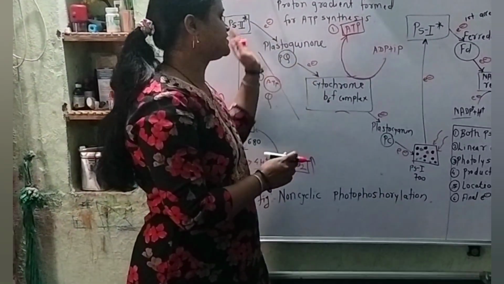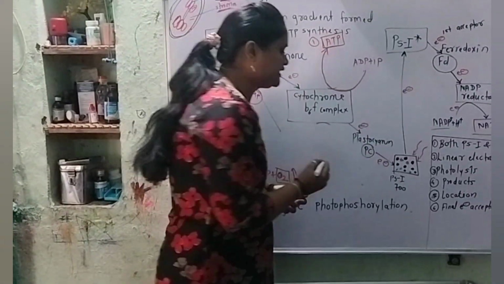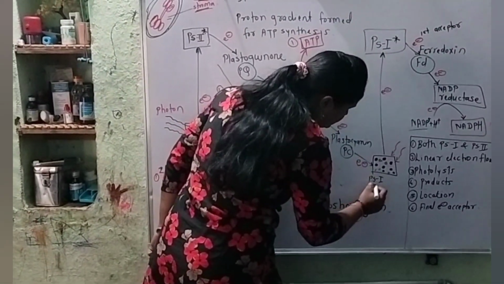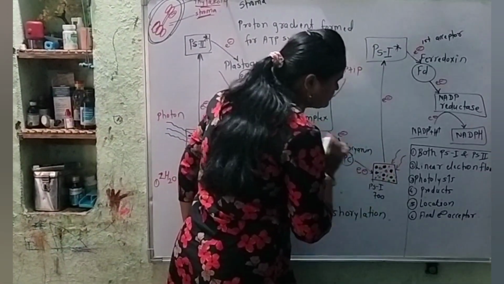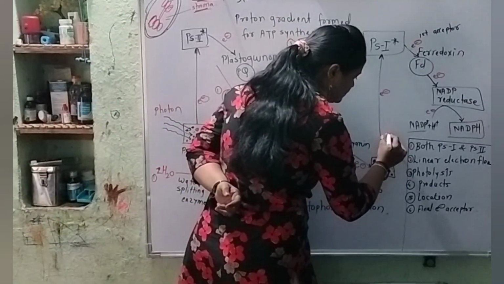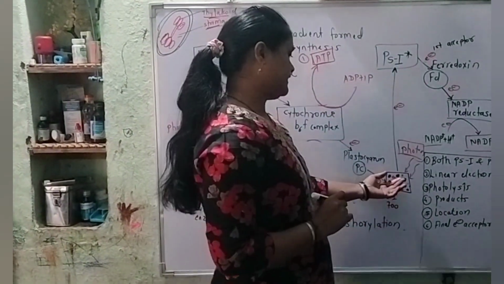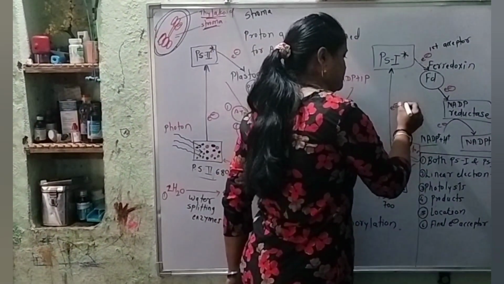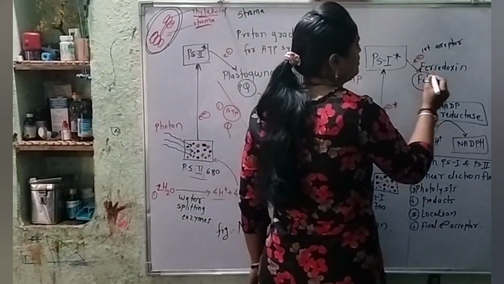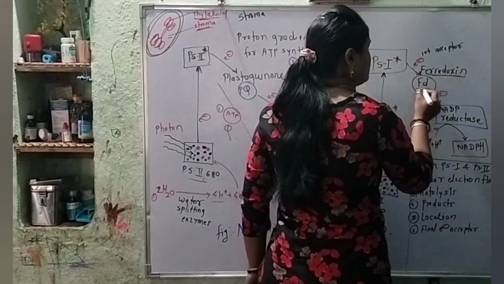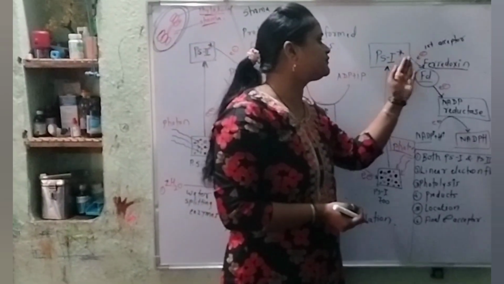The electron loses its energy as it comes along. When the electron goes to pigment system first, which is activated at 700 nanometer, pigment system first also gets a photon of light. Photon means quantum of energy. This electron also goes into the excited state. When the pigment system is excited, it gives this electron to ferredoxin. Ferredoxin is the first acceptor which can accept the electron.